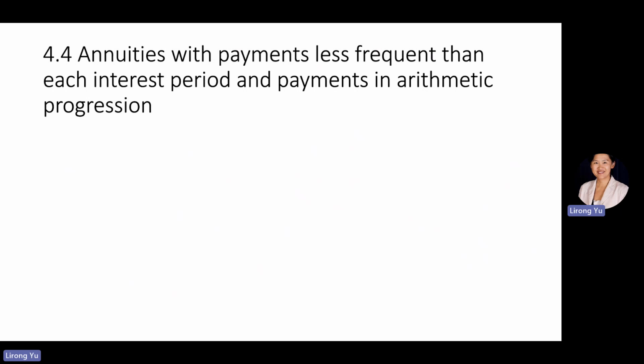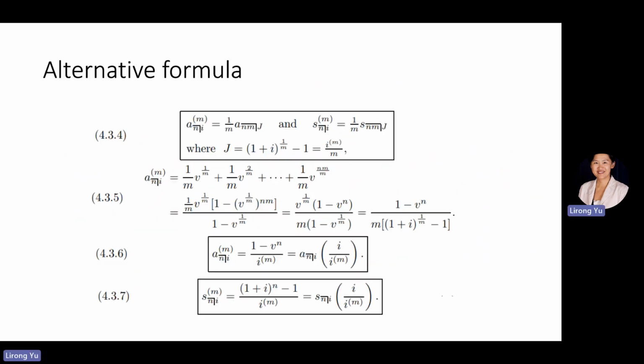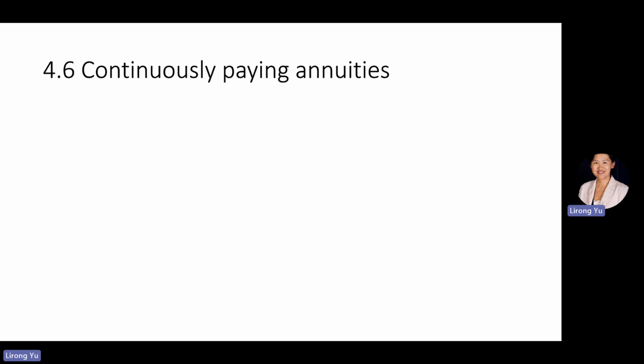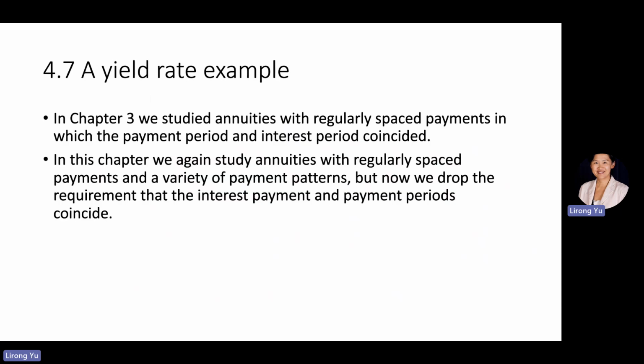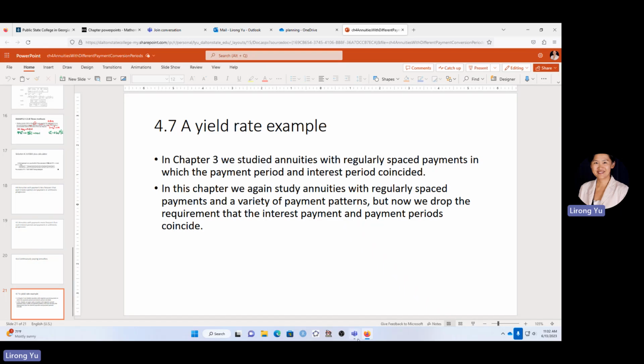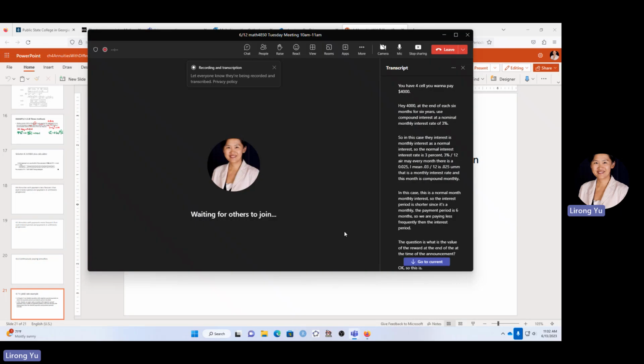That is 4.2 and 4.3. I don't think I did a lot of PowerPoint on the other three sections, but try it out yourself. I believe most of them can be calculated by devising your own way and matching what we're talking about in chapter 3. All right, that is a really short explanation on chapter 4.